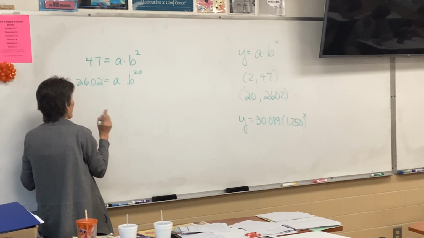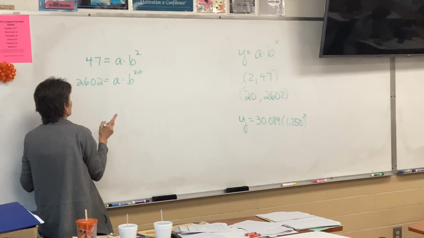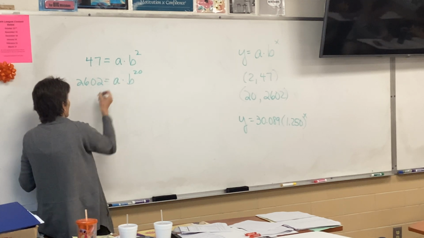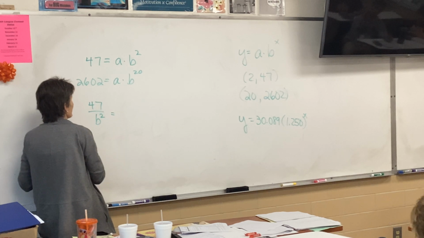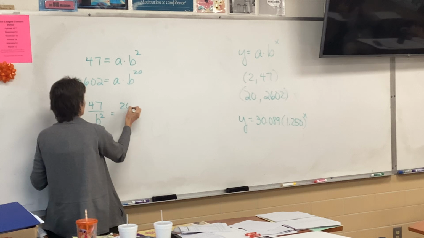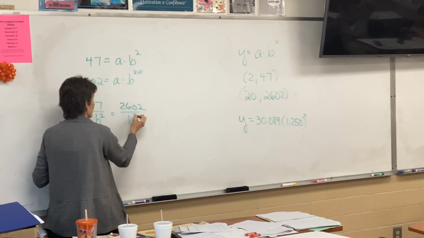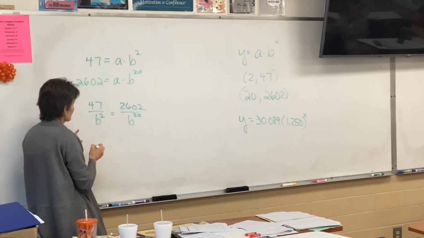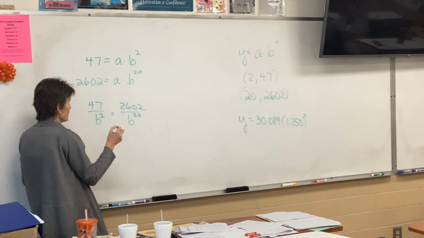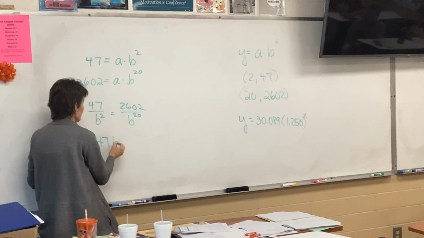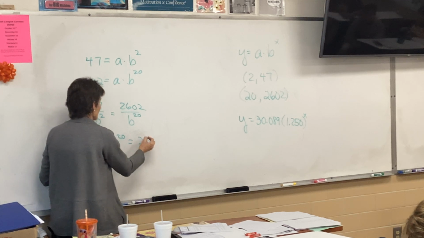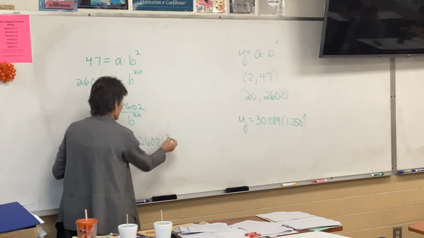Okay, Alex, see if this makes sense to you. A is 47 over b squared, and a is also 2602 over b to the 20th. So I was thinking about setting those equal to each other, and then we get 47 b to the 20th equals 2602 b squared.